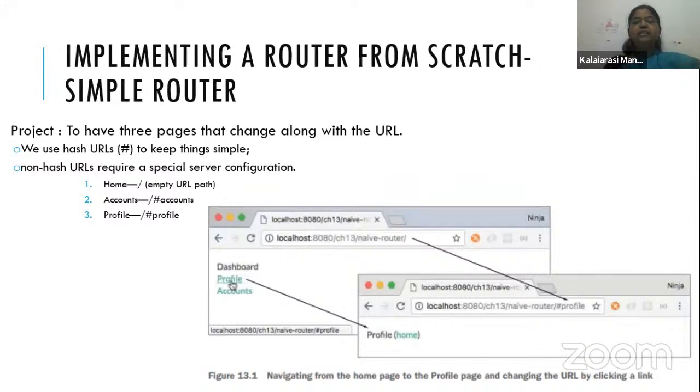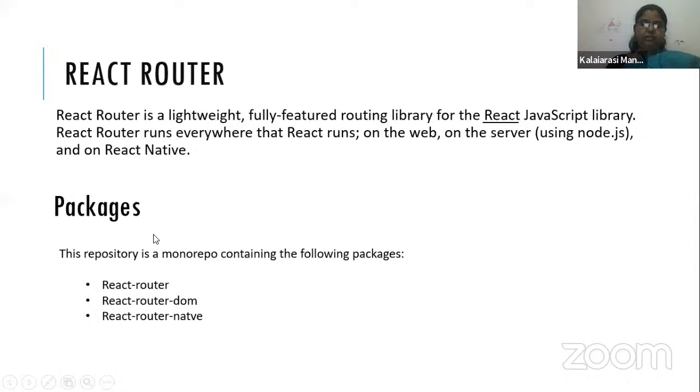I have given a hash before this in order to load this profile page without reloading the entire page. So there are 3 things: home, accounts, and profile. These are 3 pages we wish to navigate. Whenever I use a hash and whenever I don't use a hash, there is a difference, and that difference we will be seeing soon in the programming session.